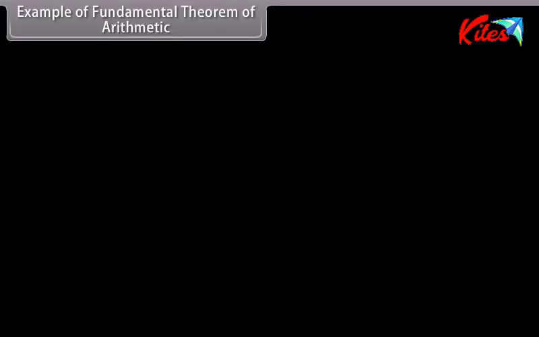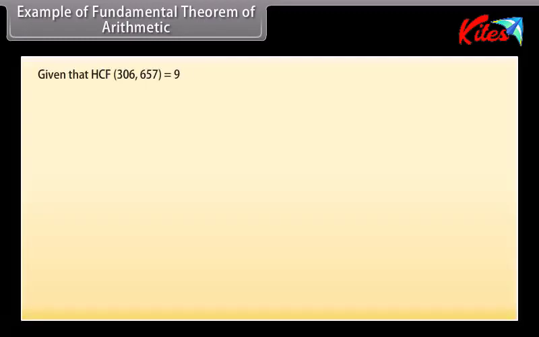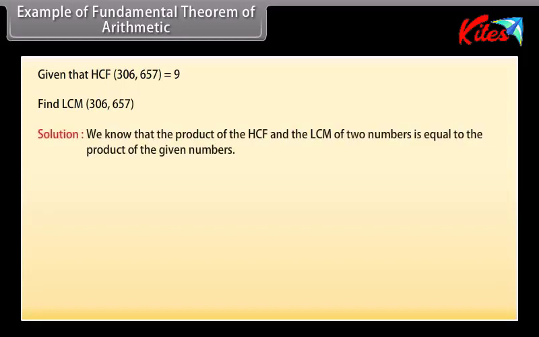Examples of the fundamental theorem of arithmetic. Given that HCF(306, 657) is equal to 9, find LCM(306, 657). Solution. We know that the product of HCF and LCM of two numbers is equal to the product of the given numbers.